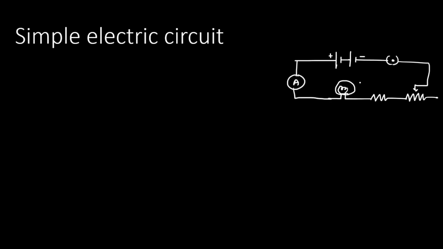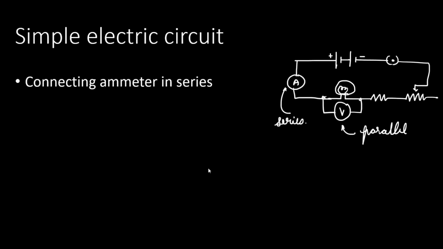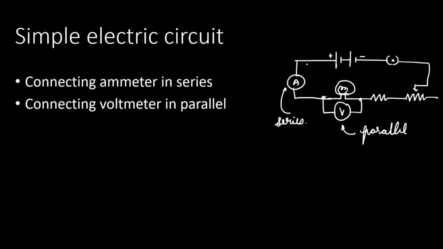If I want to know the potential difference across the bulb, so I will have to connect a voltmeter whose two ends are on the either side of the bulb. This way of connecting is called as parallel connection. And this way of connecting in line with all appliances, it is called as series connection. So the ammeter is connected in series, a voltmeter is connected in parallel.